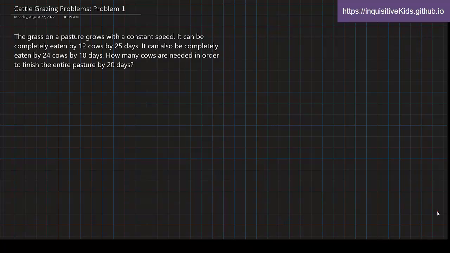So when doing cattle raising problems, there's going to be 4 steps that we usually take. So here are the steps to take.